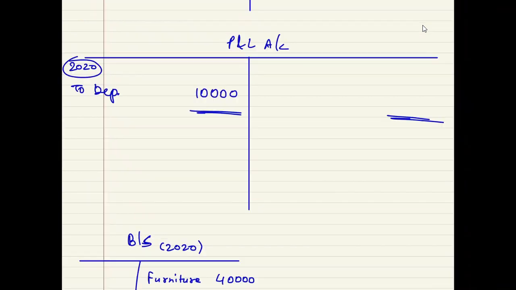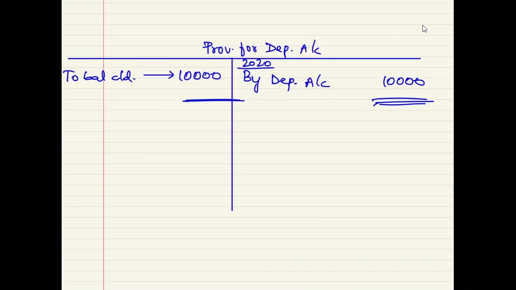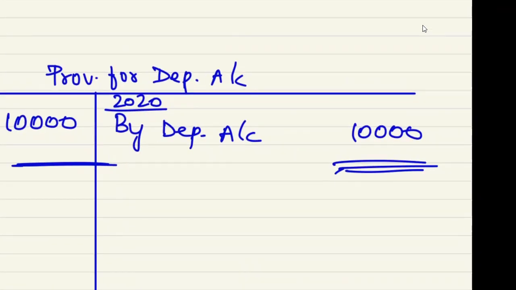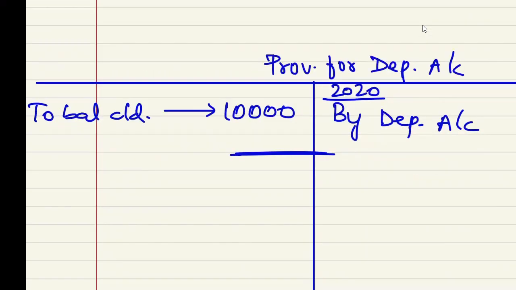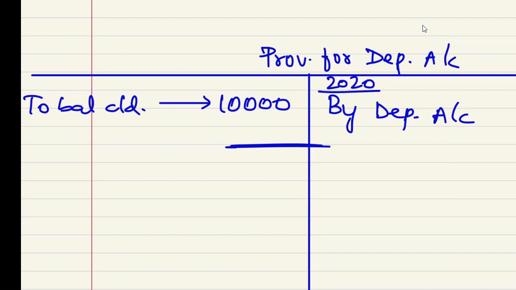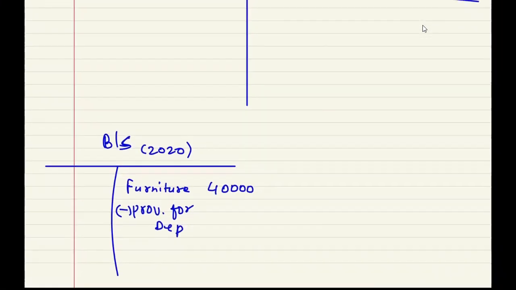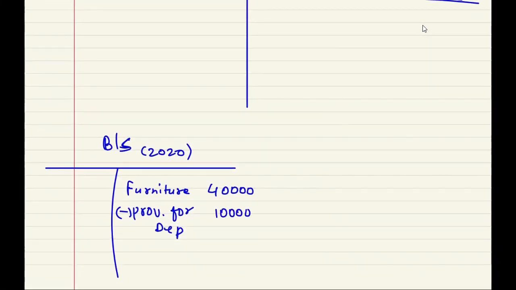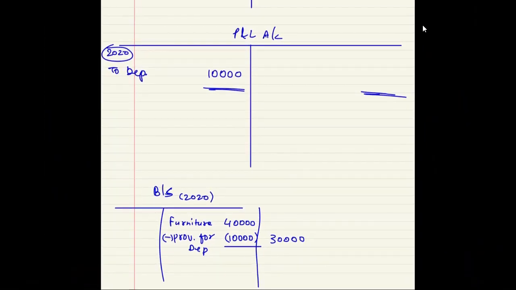So what was the balance for provision for depreciation in the first year? The balance carried down was 10,000 rupees on the left. That would be deducted from your furniture account and net 30,000 will be shown in the amount column. That is how the presentation would be for 2020.